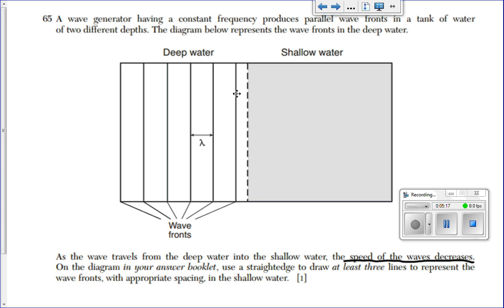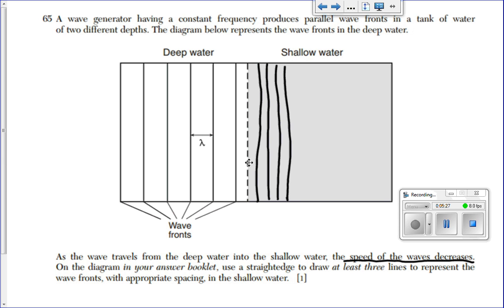A shorter wavelength just means that the lines are closer together. So you just want to draw straight lines that are closer together than these lines. This is a smaller wavelength, thus lower speed. And that's all there is to it.